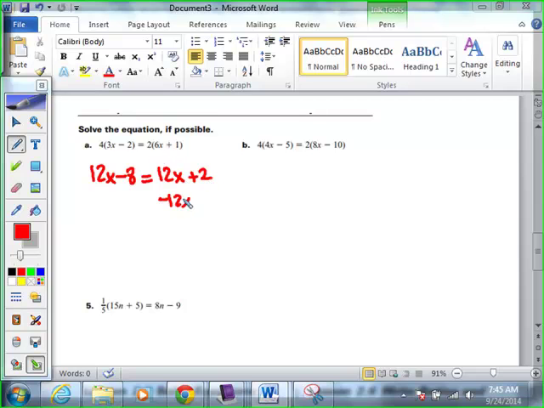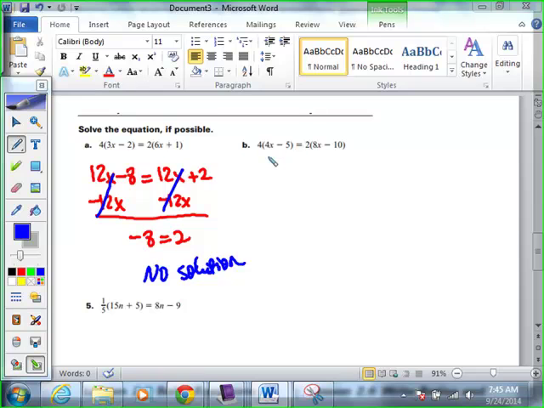I'll subtract the 12x from both sides. And I end up with negative 8 equals positive 2. That's not a true statement, and my variable terms have dropped all out. So if the variables drop out and the result is not true, you simply say no solution. So there's no solution to this one.